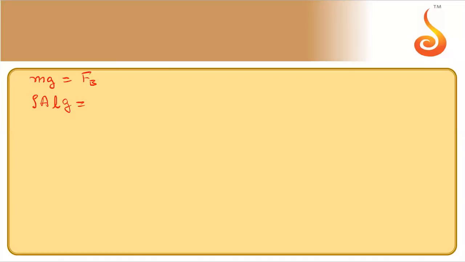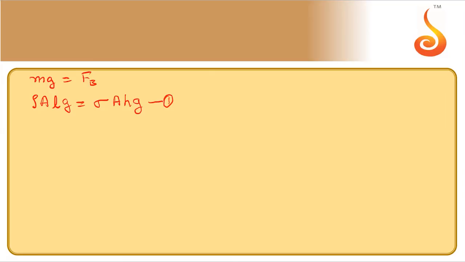That should be equal to weight of the liquid displaced, sigma A into H, where H is height immersed inside the liquid, into g. This is the original situation, right?